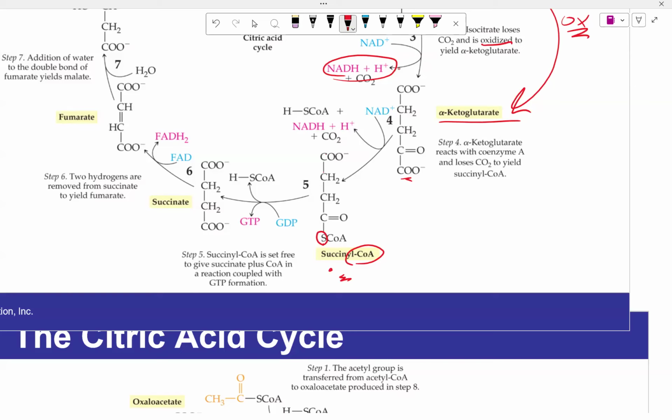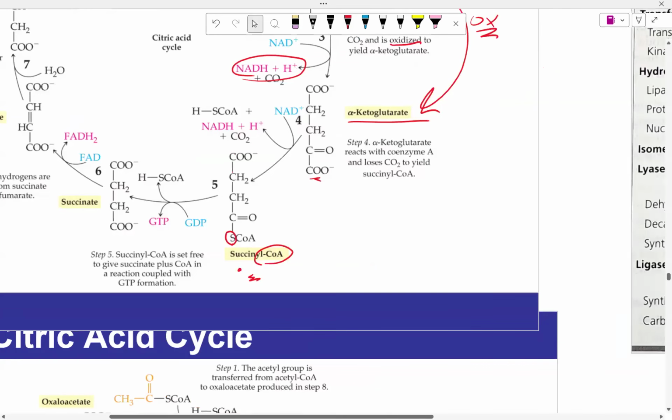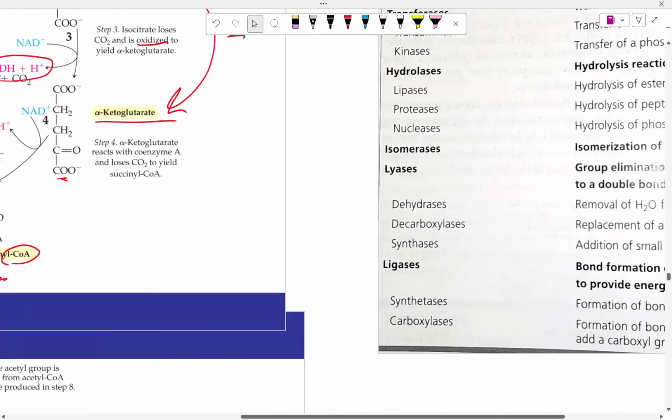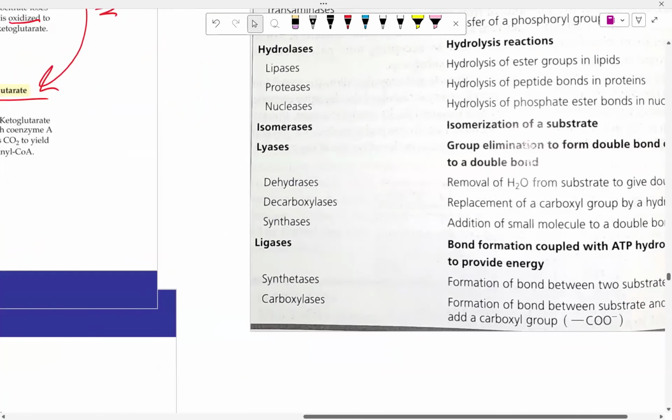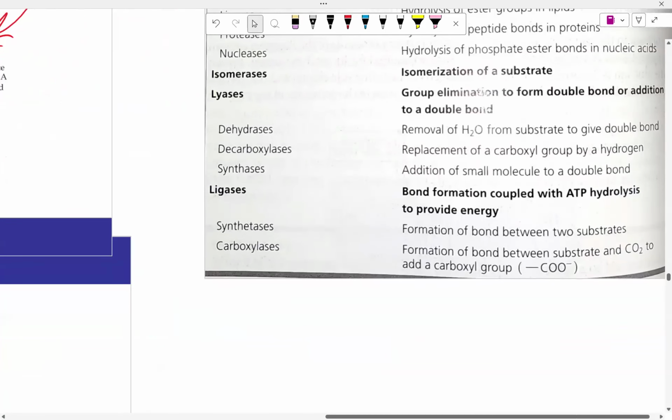So what enzyme would that be then? Bond formation. So we're synthesizing a bond between two substrates. And we're certainly not adding a carboxyl group, we're taking one away. So it's going to be a synthase.